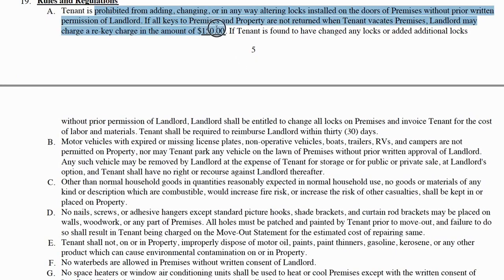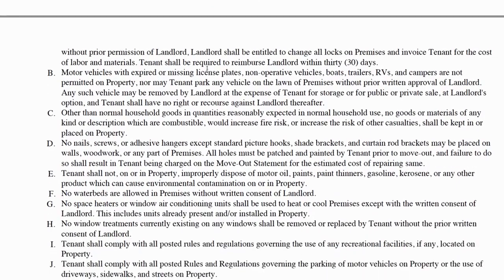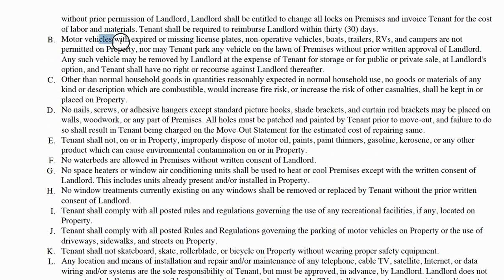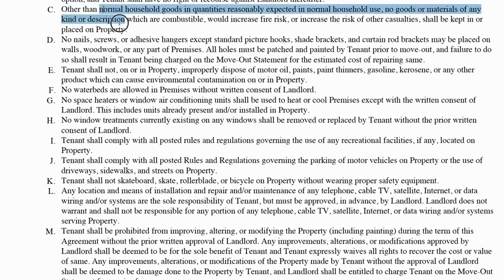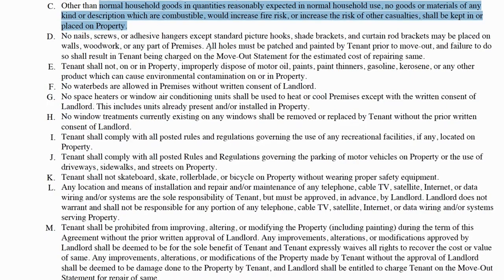Do not change the locks on the property. If for some reason you do, for an emergency or something like that, you have to immediately provide us with copies of the keys. Of course, don't leave expired vehicle tags on your cars. Don't keep combustible materials or anything that's a fire risk in the property.